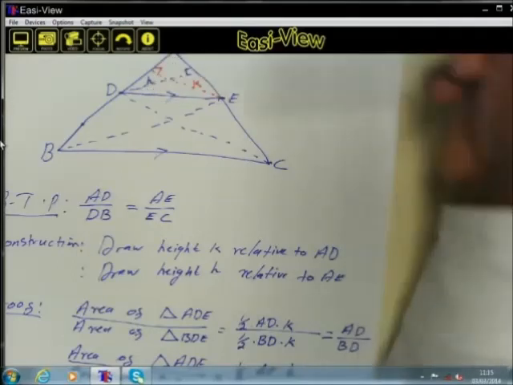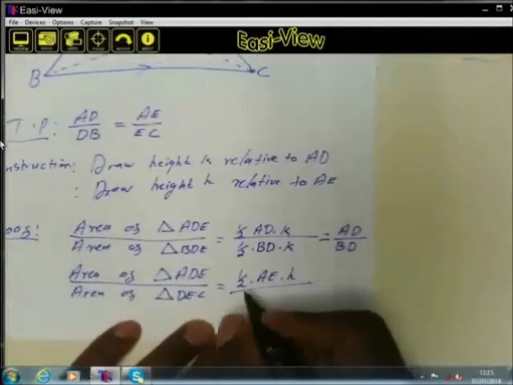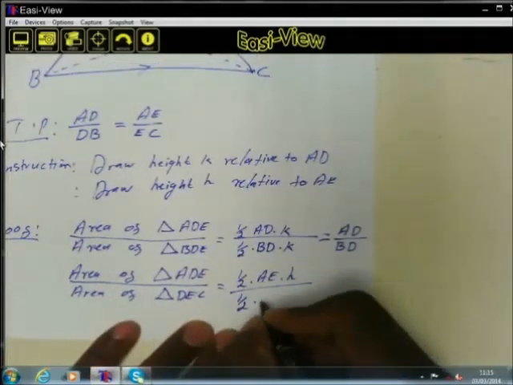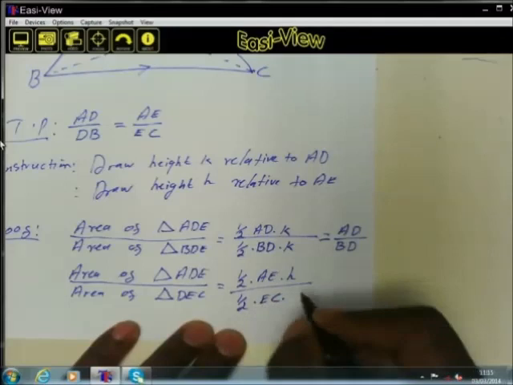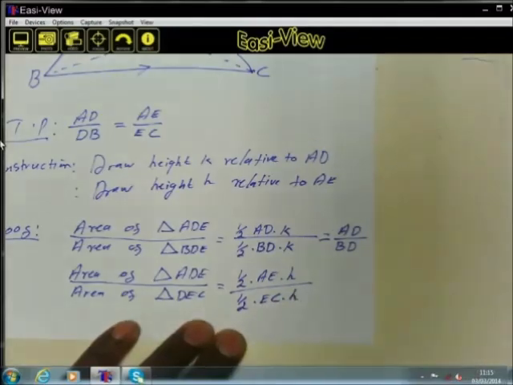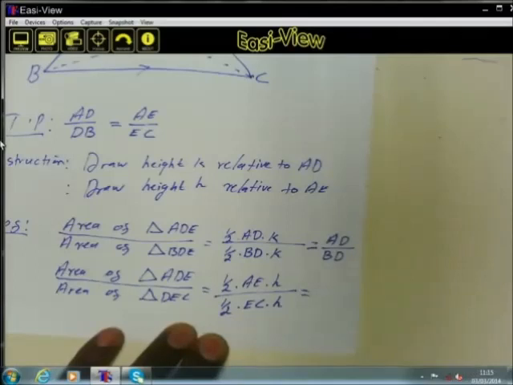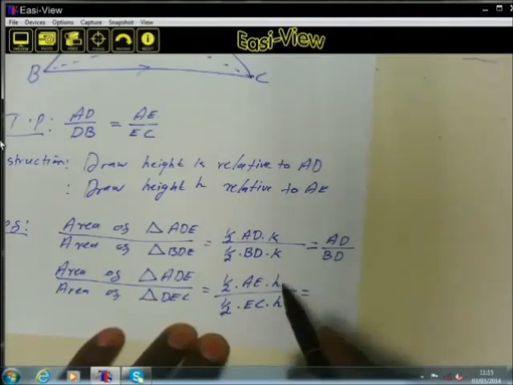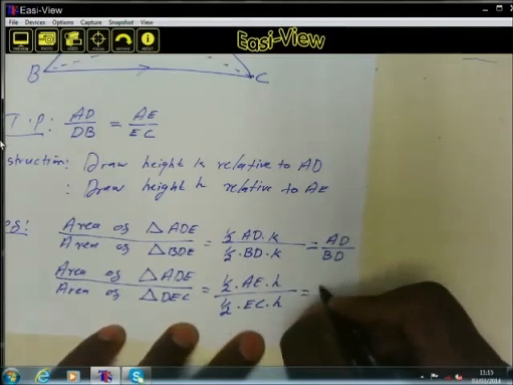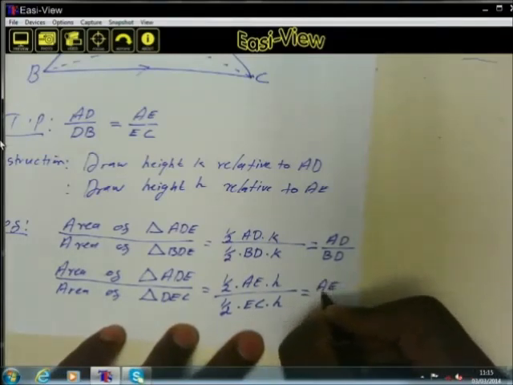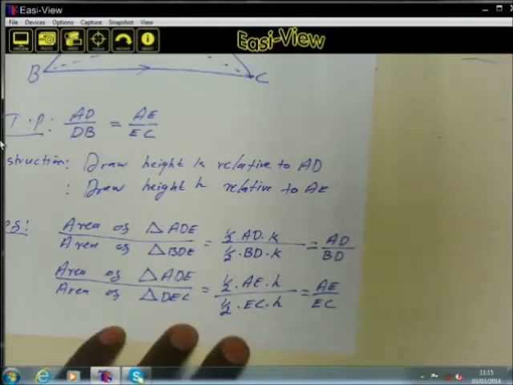H. So it will be half EC times H. Like we did with the previous one, we simplify further: half into half once, H into H once. Therefore, we are left with AE over AC.